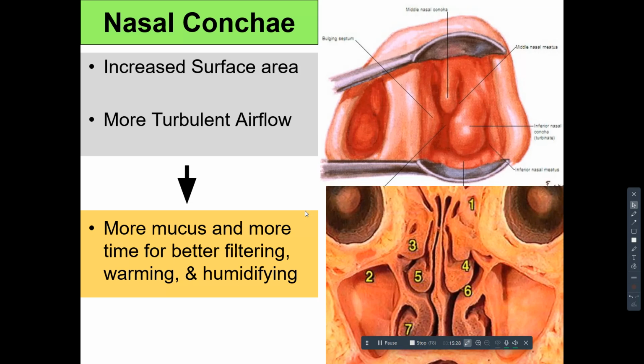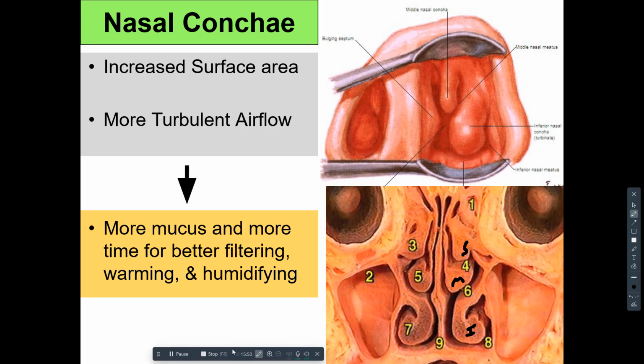We mentioned the conchae. There are, of course, a total of 6 conchae, 3 on each side. So I've got a superior nasal concha right here, a middle nasal concha, and an inferior nasal concha. The superior and middle nasal conchae are part of my ethmoid bone. The inferior one is a bone unto itself.